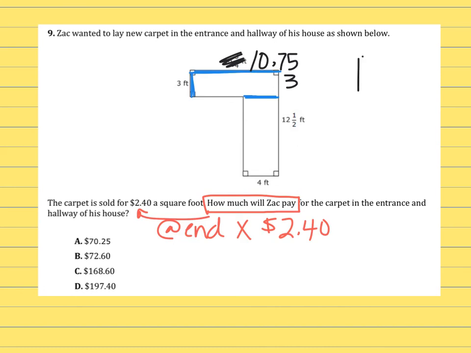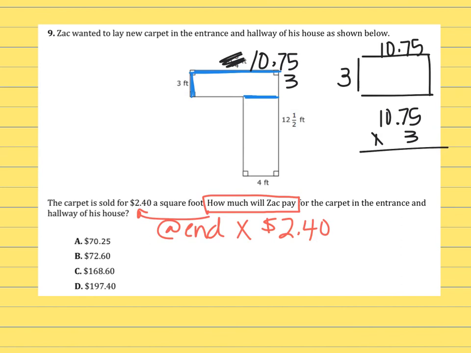So this top rectangle space, 3 times 10.75. All you do is multiply those together. 10.75 times 3, and that equals 32.25. Okay, that's this space. 32.25.